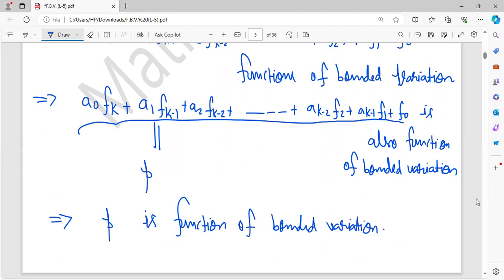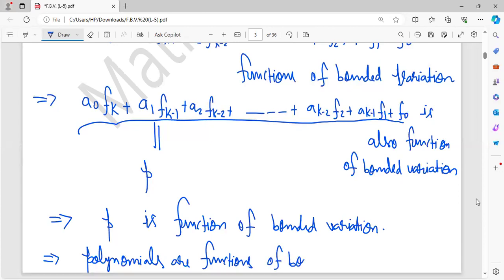So we have shown that polynomials are functions of bounded variation on a closed interval [a, b]. In this lecture, we have shown that polynomials defined on any closed interval are functions of bounded variation. We will use this fact later.